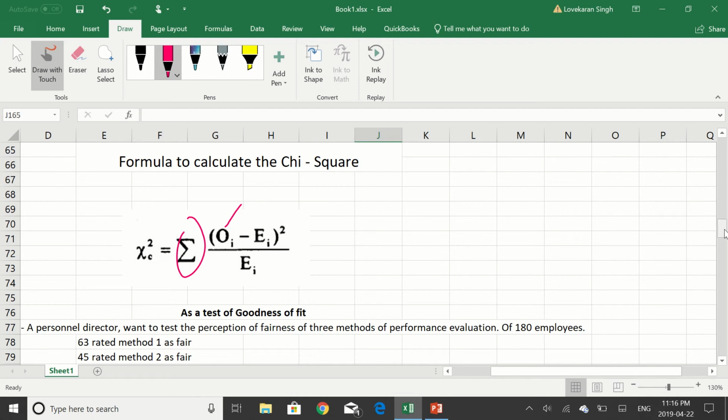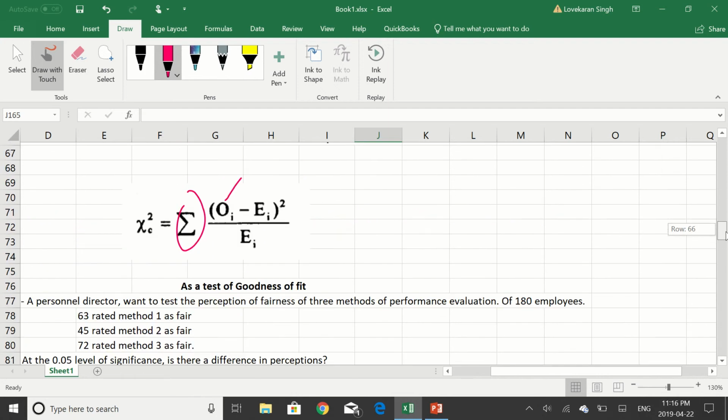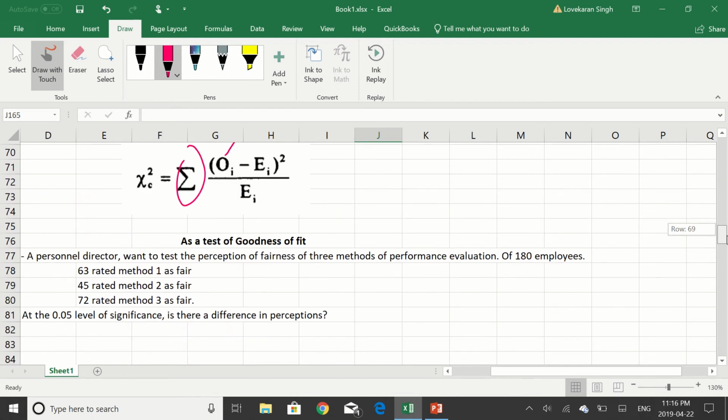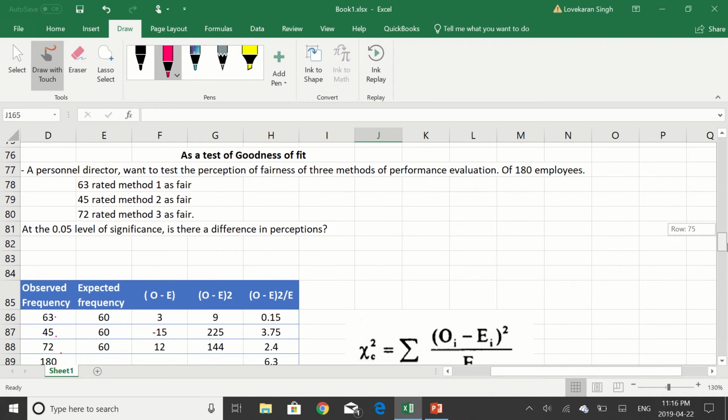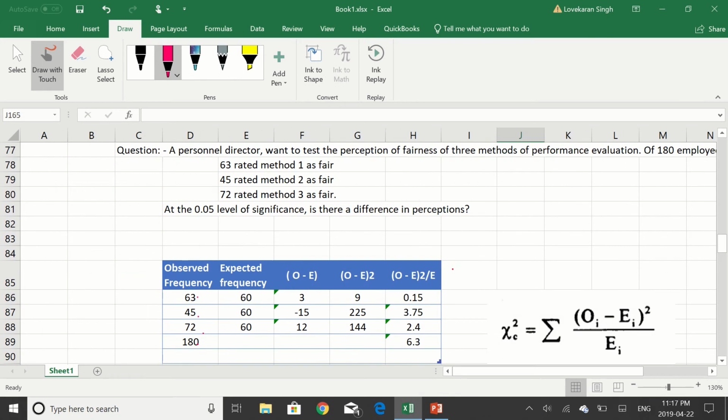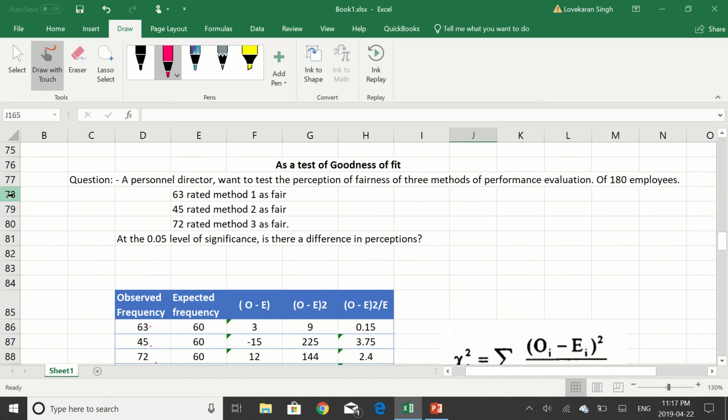We have one question to show how to solve chi-square. A personnel director wants to test the perception of fairness of three methods of performance evaluation of 180 employees. 63 employees rated method 1 as fair, 45 employees rated method 2 as fair, and 72 employees rated method 3 as fair.